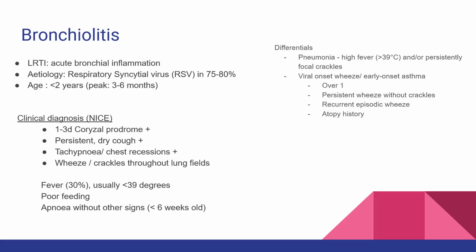When I was in Paediatrics the other day, the doctor I was with said not just to look out for crackles, but really try and listen to air entry. If they've got poor air entry in just one focal area, that might also be a sign of pneumonia.